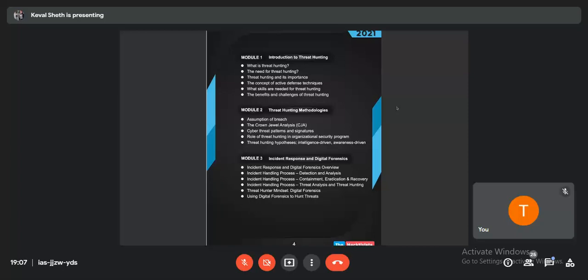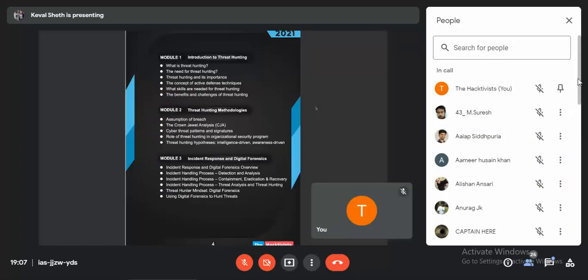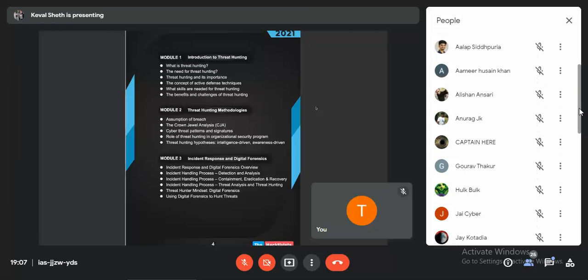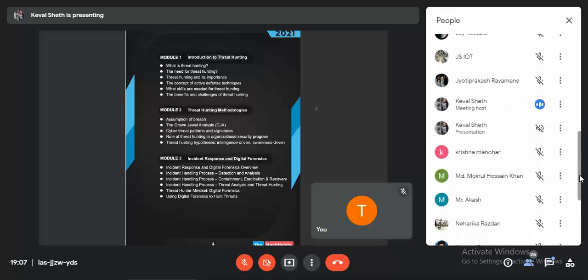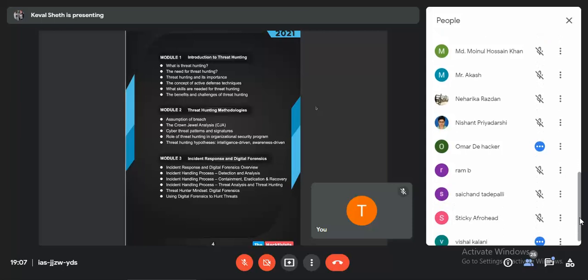First, what is threat hunting? Whenever there are threats which can attack, exploit, or take an organization into some kind of breach, identifying those threats before they affect the organization, and building that defense system before the threat has infected anything, is called threat hunting.